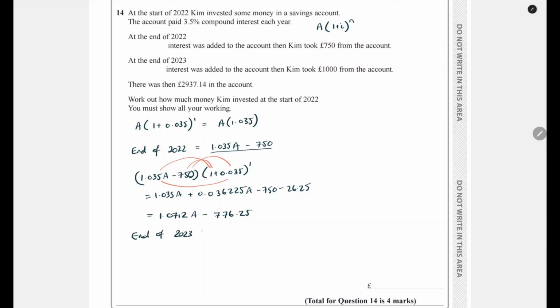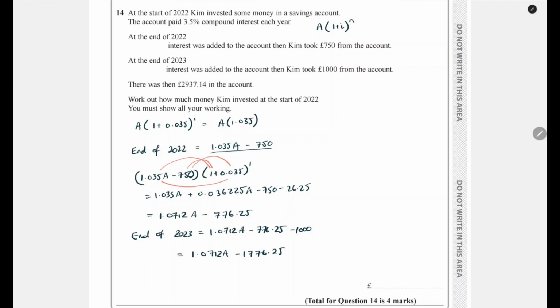Now, at the end of 2023, she takes out £1,000, and so we can say that the end of 2023 is equal to this amount here, which is 1.0712A minus 776.25 minus the £1,000 she withdraws. And so if we simplify this, it gives us 1.0712A minus 1,776.25.